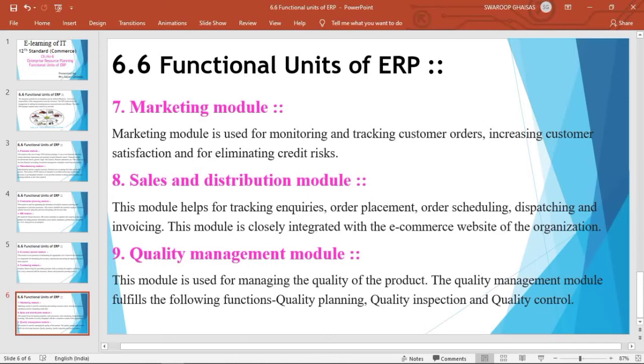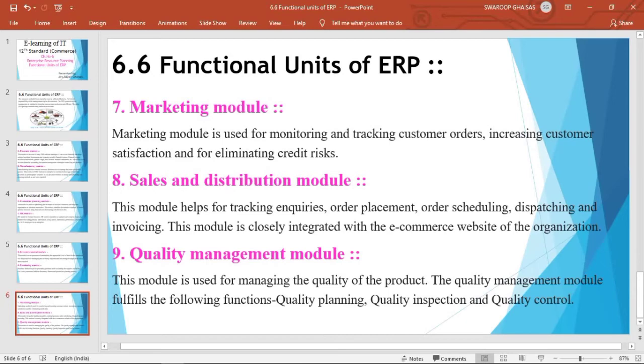That you will come to know by this module, that is a marketing module, because it will approach the customers. They can have a survey of the different customers, whether those customers are satisfied with your product or not. So in this way they can track the customer orders and increase the customer satisfaction. Also they can eliminate the credit risk. So this is about a marketing module of ERP.